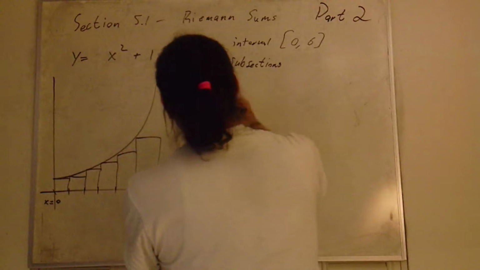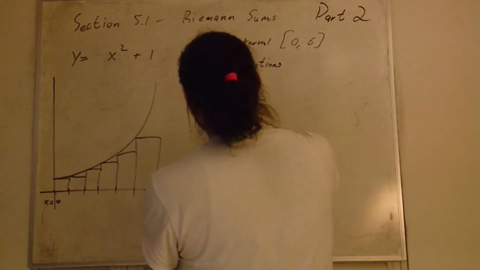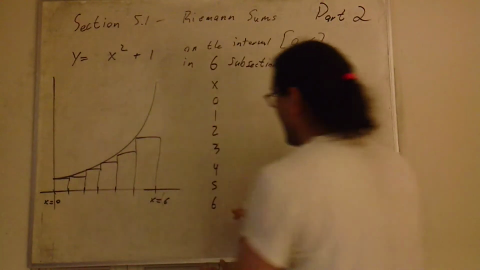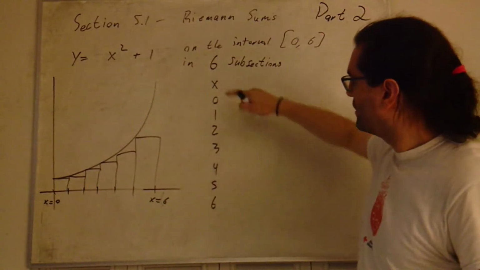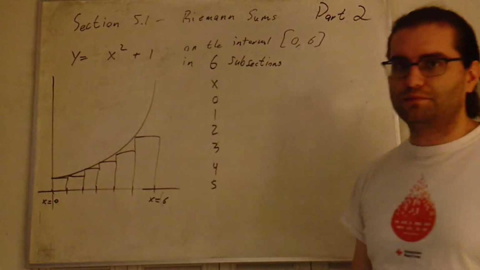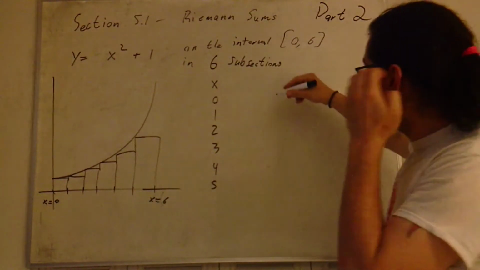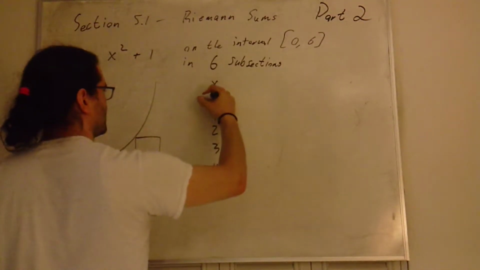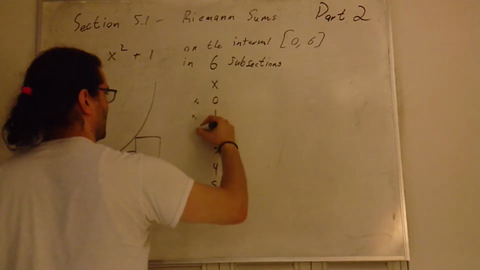So we're going to make a table of all these things. X is going to be 0, 1, 2, 3, 4, 5, and we're actually not going to use 6. These are our 6 rectangles. I don't need 6 right now. For each of these x values, the book calls these guys x0, x1, x2.